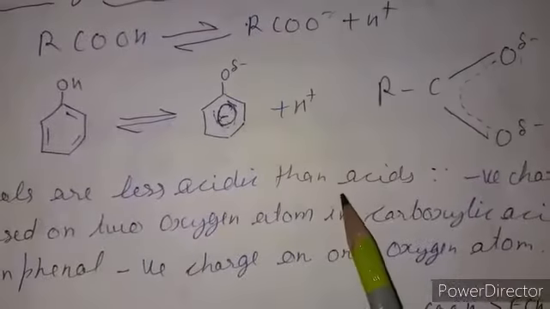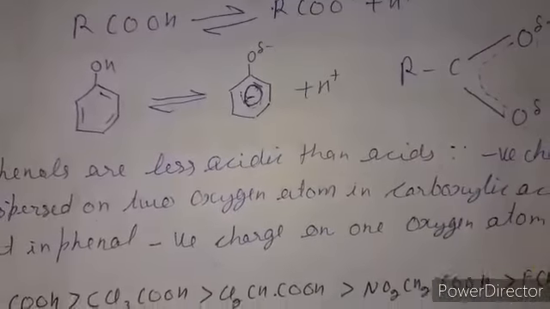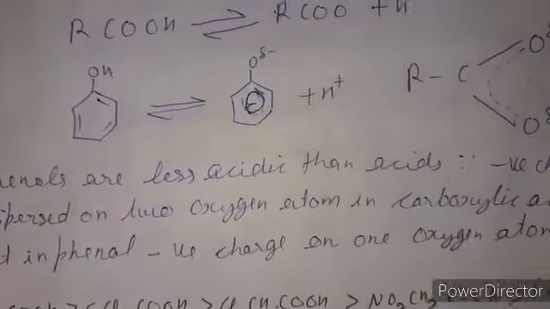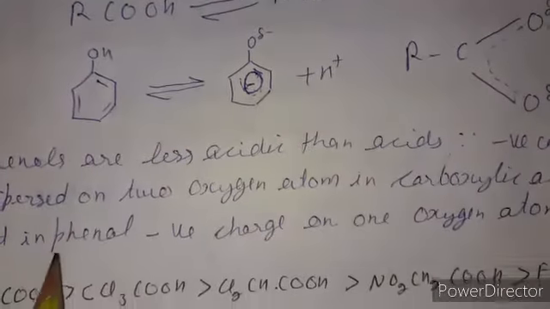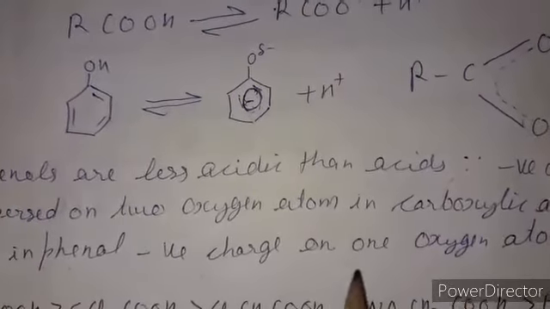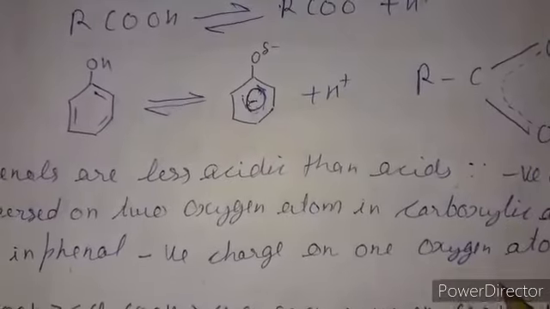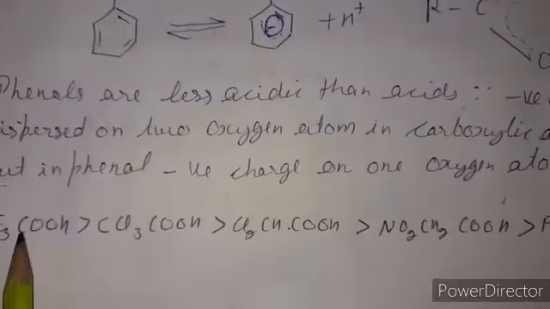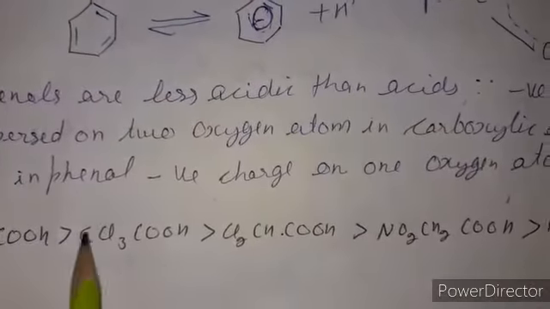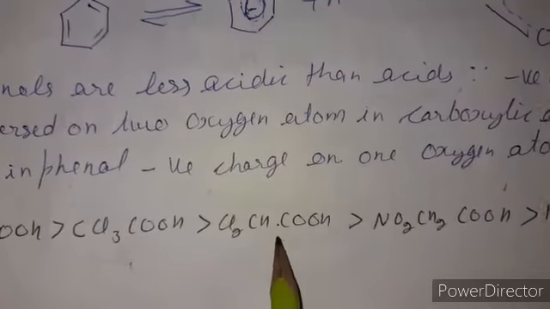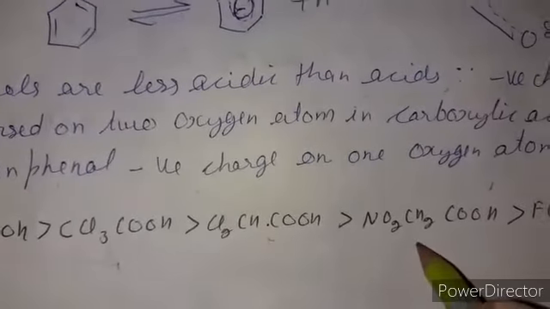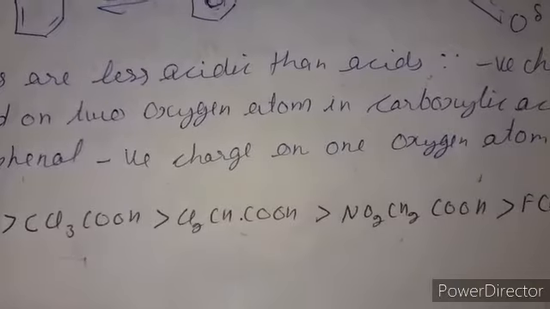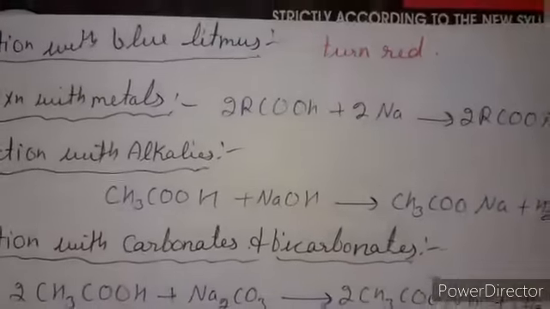So phenols are less acidic than acids due to the negative charge dispersed on two oxygen atoms in carboxylic acid, but in phenol the negative charge is on only one oxygen atom. So trifluoroacetic acid is more acidic than trichloroacetic acid, as compared to dichloroacetic, as compared to chloroacetic acid, as compared to fluoroacetic acid.